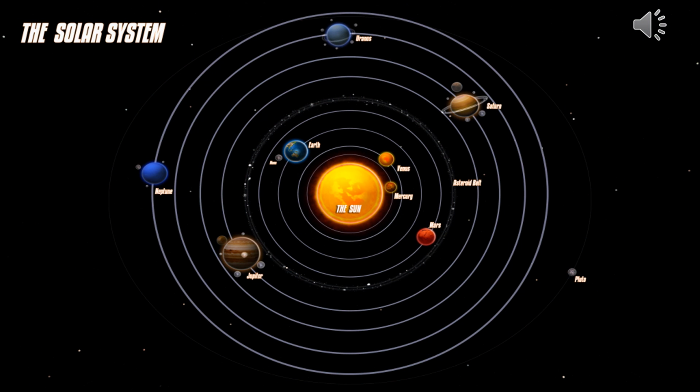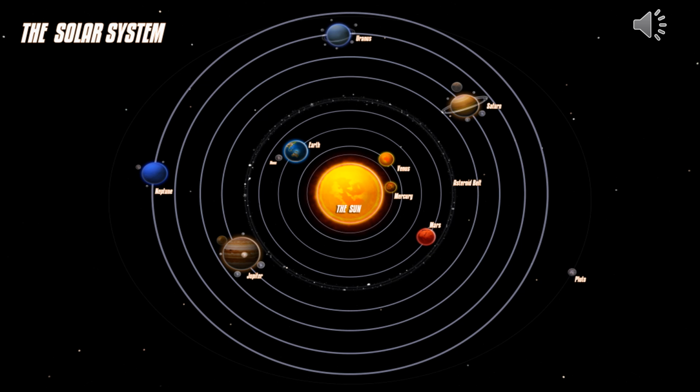So, this is the diagram of our solar system. If you see carefully in the center, this is the Sun. And all 8 planets are moving around the Sun on their paths. In this picture, you can see the lines, the circles are the paths of the planets. Nearest to the Sun are Mercury and Venus.